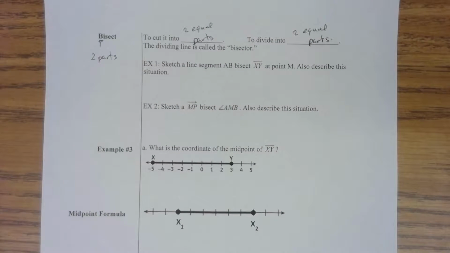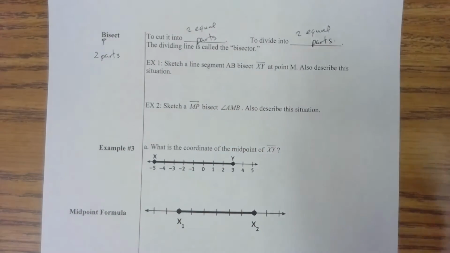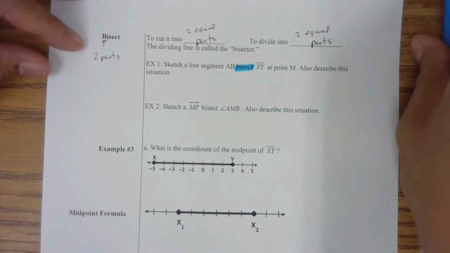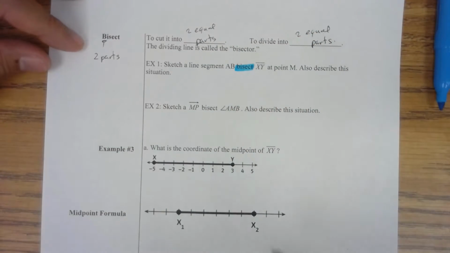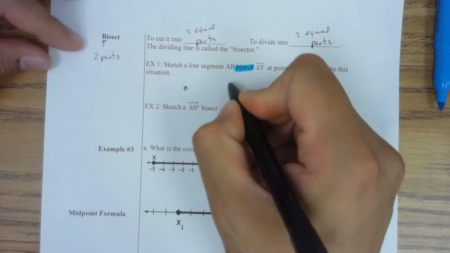So let's show a couple of examples of what happens when you bisect something. So it says sketch the line segment AB bisecting segment XY at point M. So here's the keyword bisect at point M. So let's draw a picture. Let's draw a segment XY here.